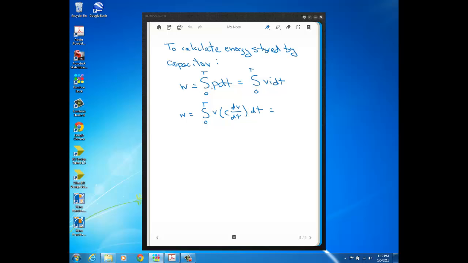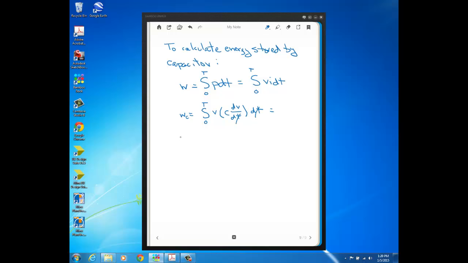Energy is the integration of power, and we know that power is V times I. We know that the current for a capacitor is C dV/dt. I'll put a subscript C for the energy of a capacitor. So you can see that the dt's cancel out here.